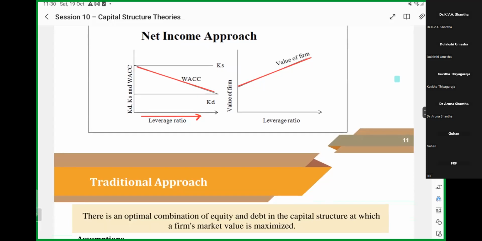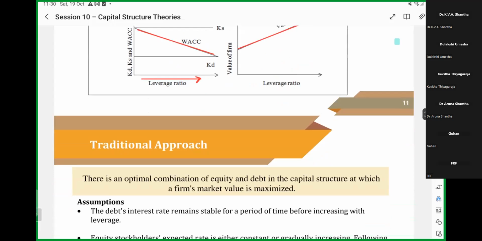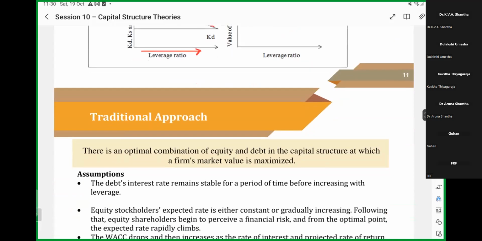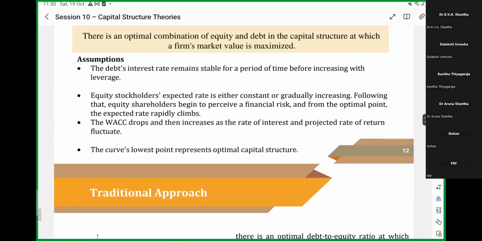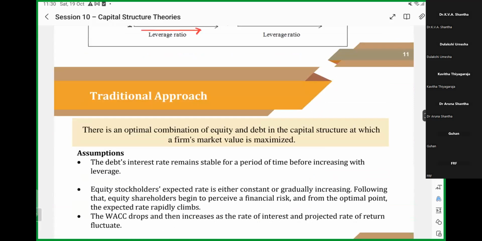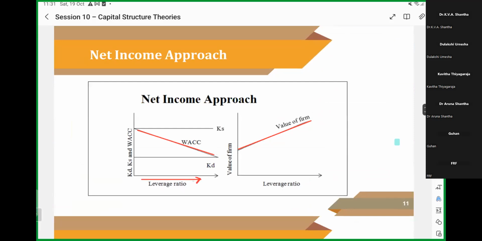So in the net income approach, higher the leverage ratio, lower the weighted average cost of capital, and higher the firm value. You see the relationship?